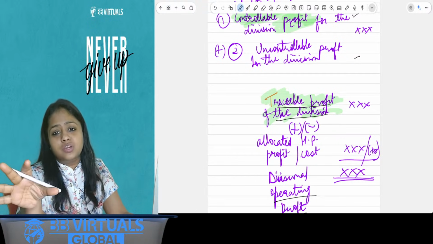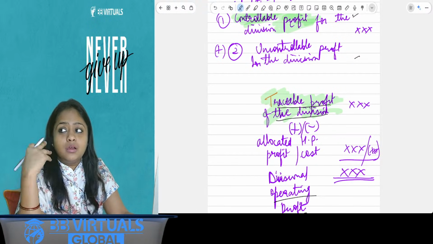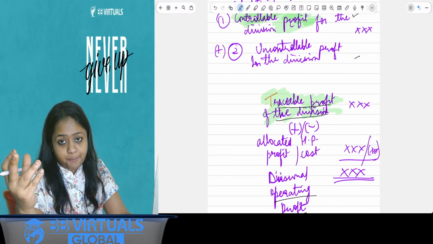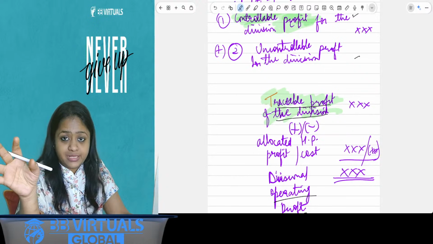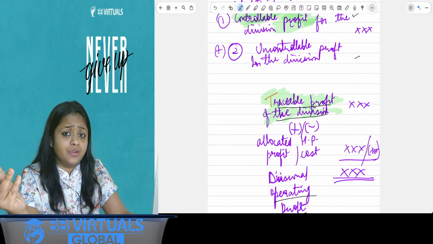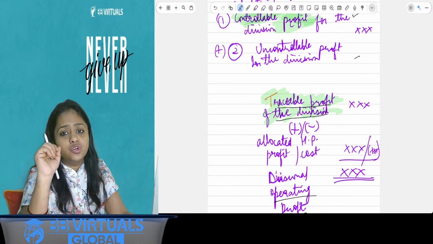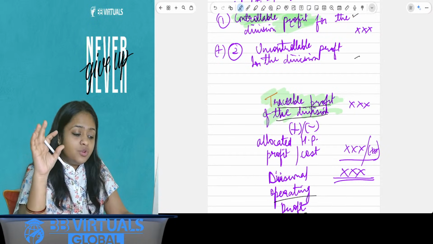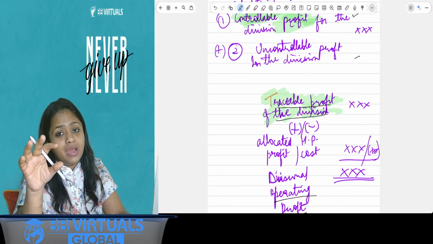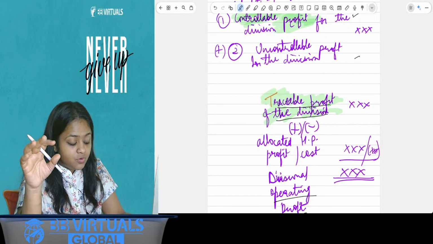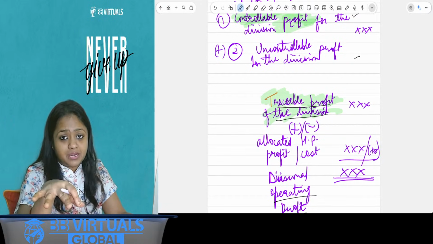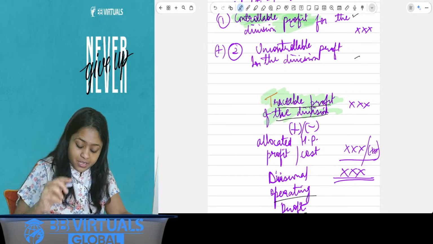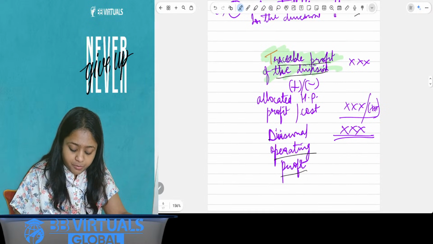Of course, in these direct profit and cost and revenue areas, you will have expenses and costs which are not under the control of the manager. Maybe the purchase price, for example, the raw material cost. Raw material cost is all market driven, for example. Then it is not controlled by the manager, so it will be part of that uncontrollable area. Clear? When you add to the traceable profit the expenses or the revenue allocated by the head office to the division, then it becomes total profit or divisional profit.